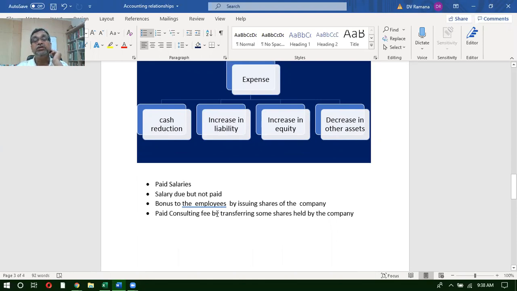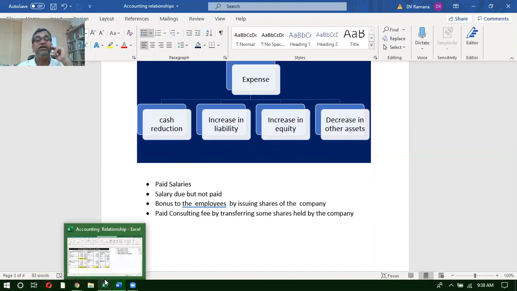Bonus to the employees paid by issuing shares: bonus is an expense, but we are not giving cash, nor creating a liability, but we are issuing shares, so that leads to increase in equity. Paid consulting fee, which is an expense, by transferring some shares held by the company, so an expense resulted in decrease in other assets.